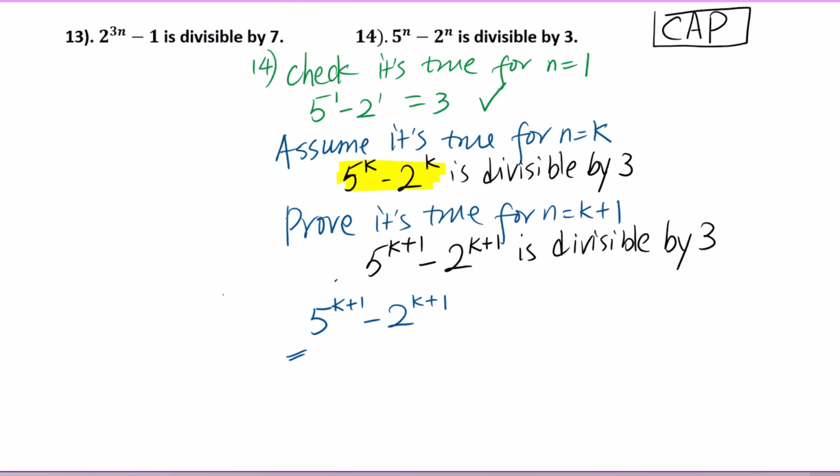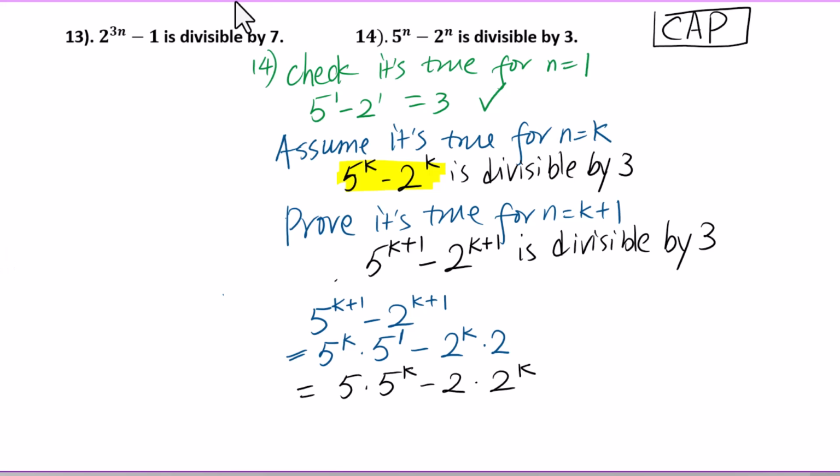So first step, definitely we need to separate 5 to the power of k plus 1 into 5 to the kth power times 5 to the first power minus 2 to the kth power times 2. Simplify: 5 times 5 to the kth power minus 2 times 2 to the kth power.